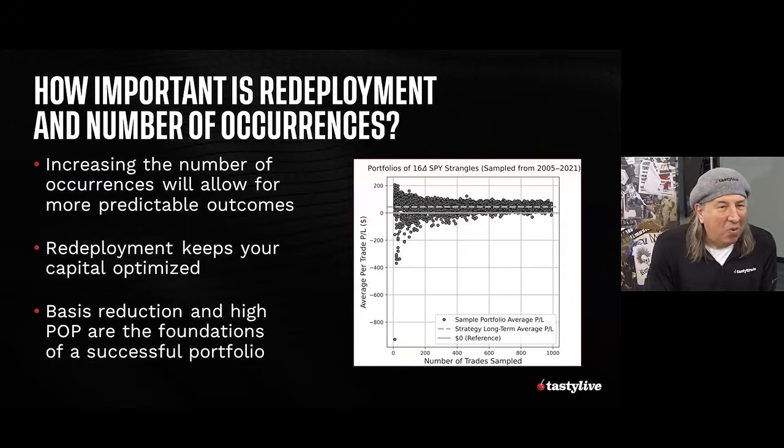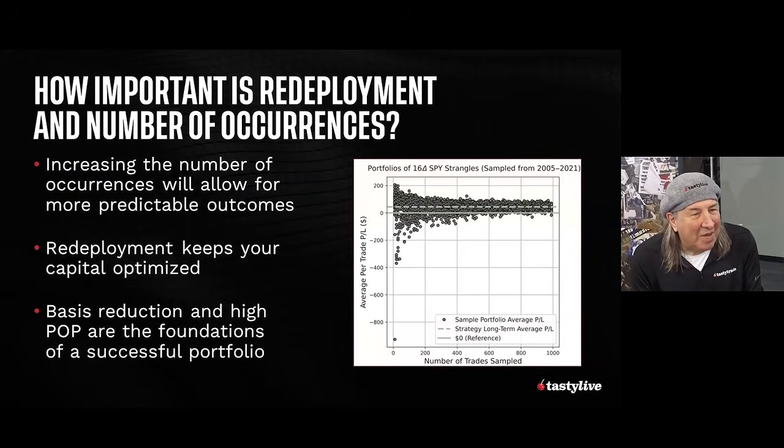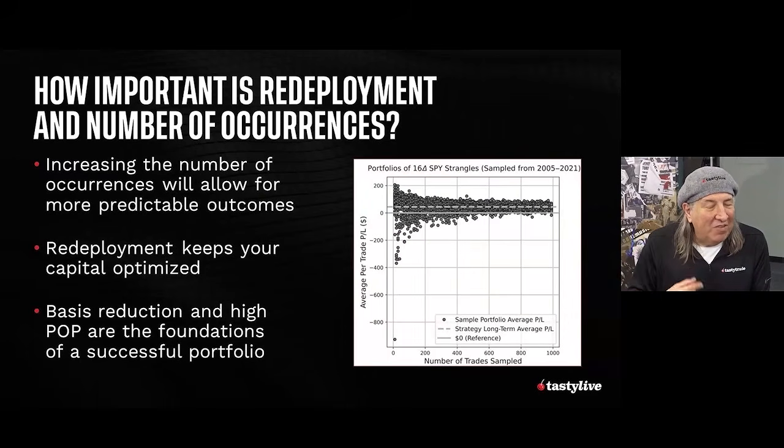So how important is redeploying your capital and the number of occurrences? Well, in order for everything we're talking about today to make sense for you in the long run, in order for you to have some form of predictable outcome, you have to have a reasonable number of occurrences.